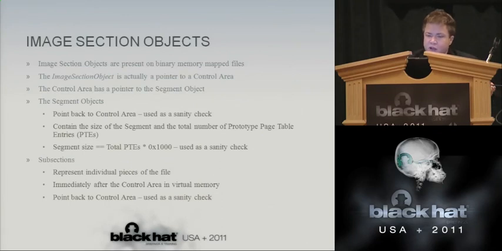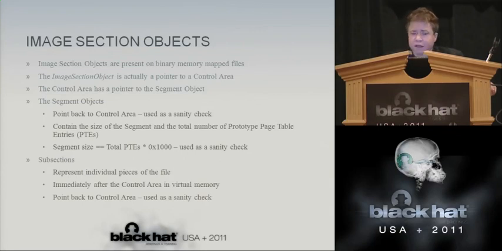So the image section objects represent binaries in memory. Image in this case, that's how Microsoft refers to a binary, as an image. If you were using WinDbg, it'd be marked as an EXE, but it could be a DLL or an EXE. The image section object pointer is actually a pointer to another control area.